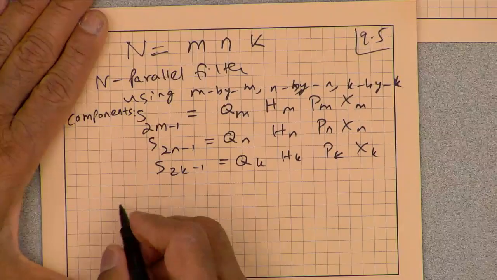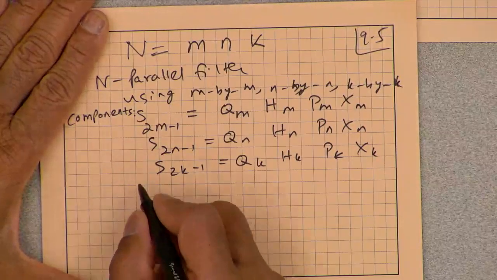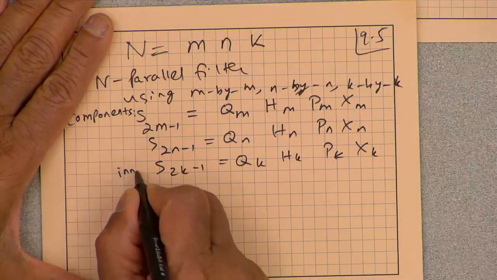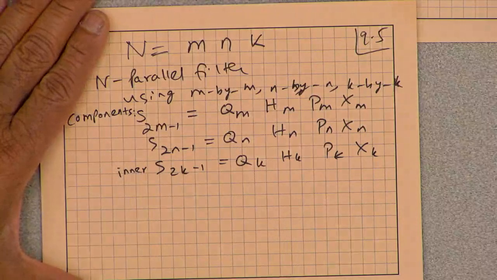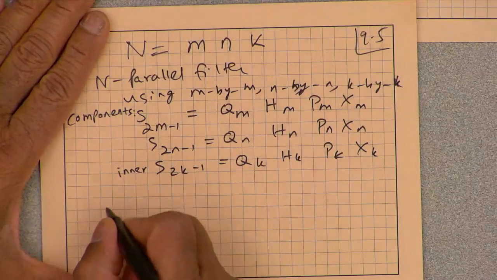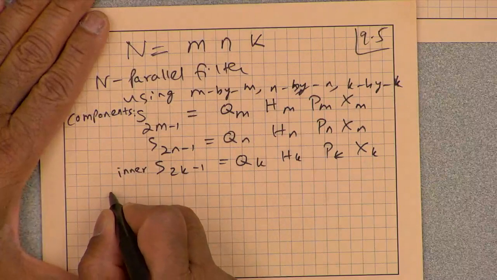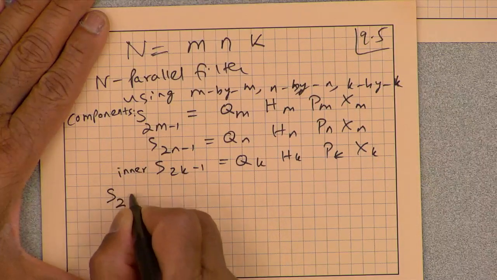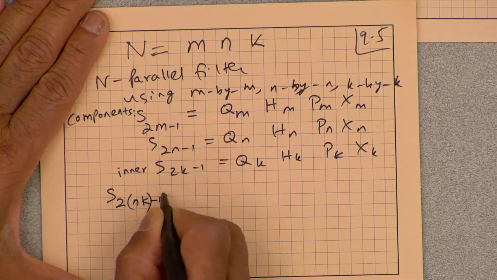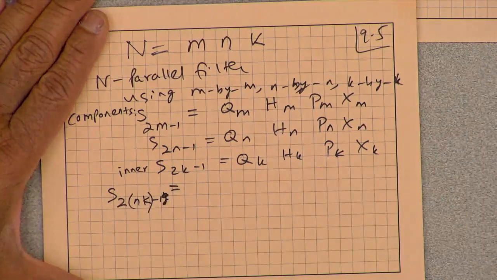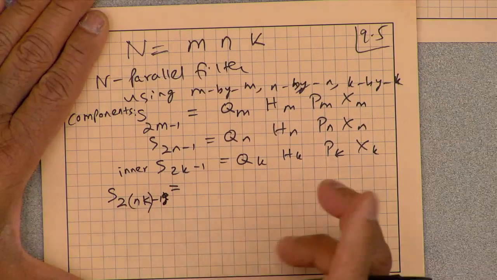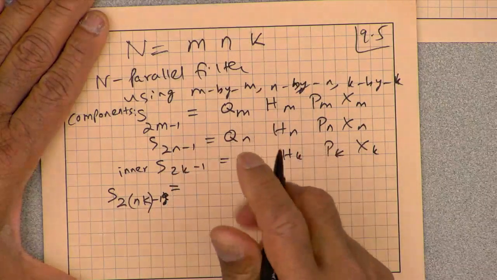So let's say that k is the inner one, m is the outer one. So if I start with S2nk minus 1, so n times k, I am now performing a convolution of nk by nk.